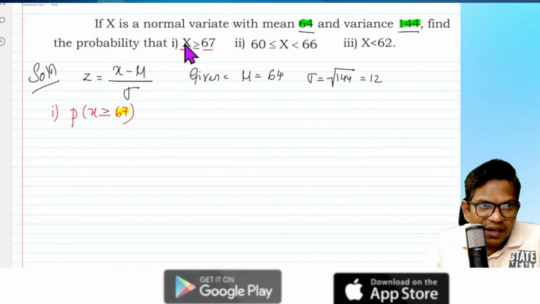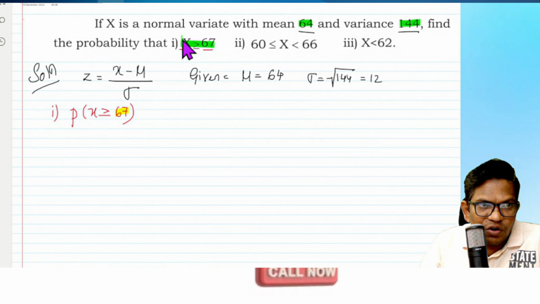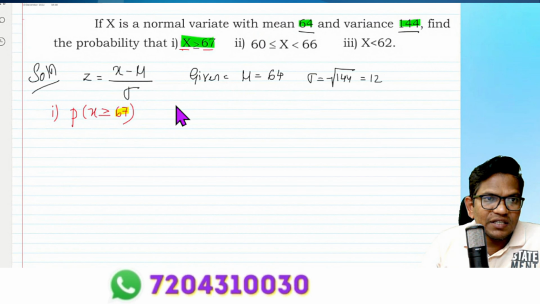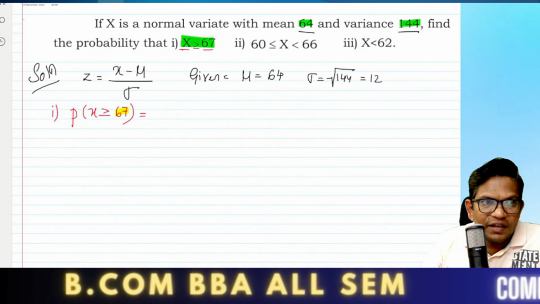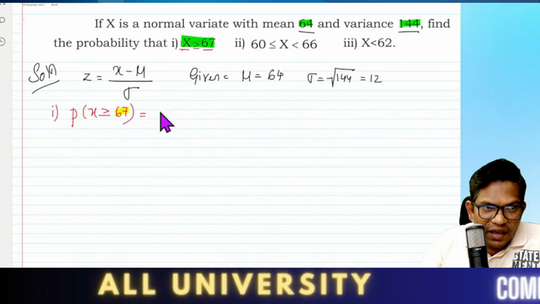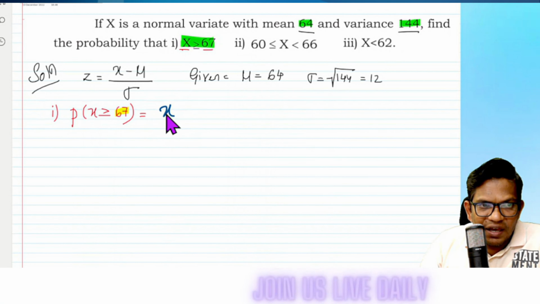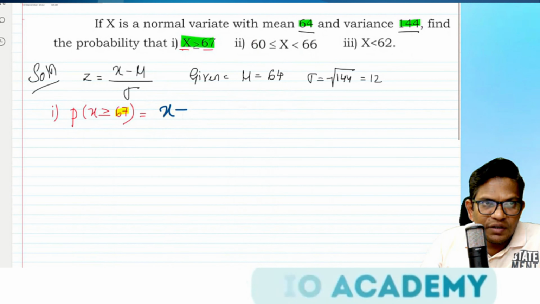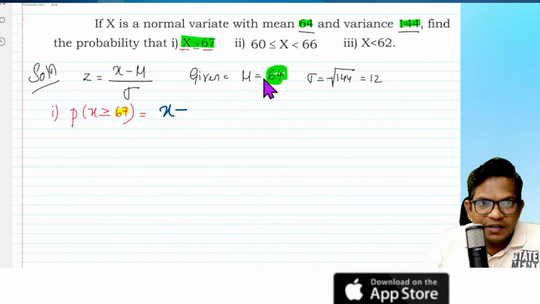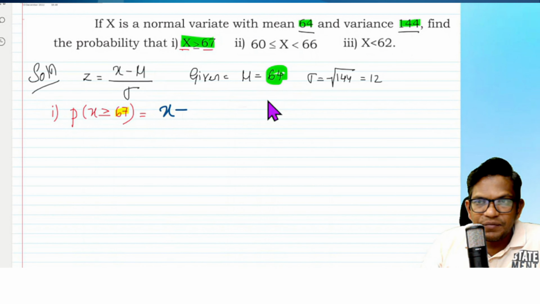Correct? That means P, look at that, we don't have X, so we use X minus mu. Mu is 64, divided by the standard deviation 12. Understood?